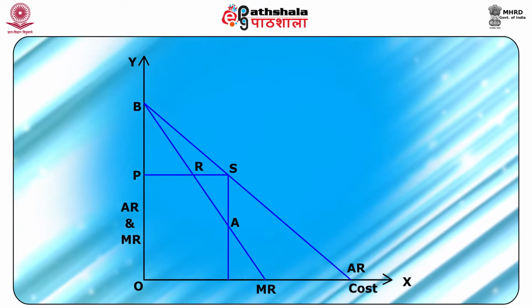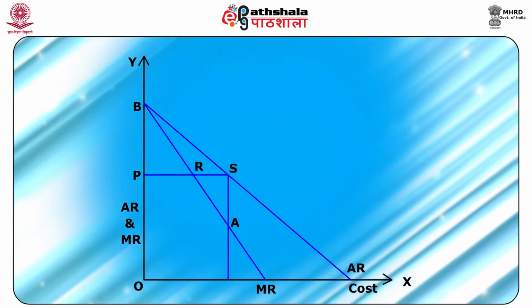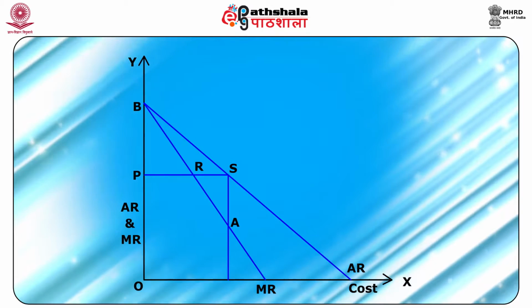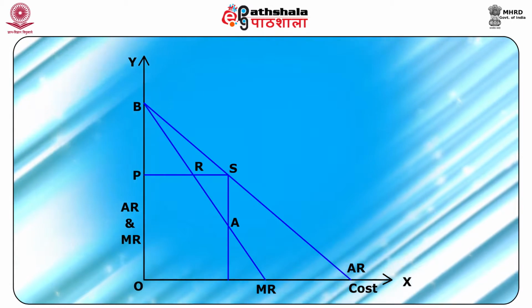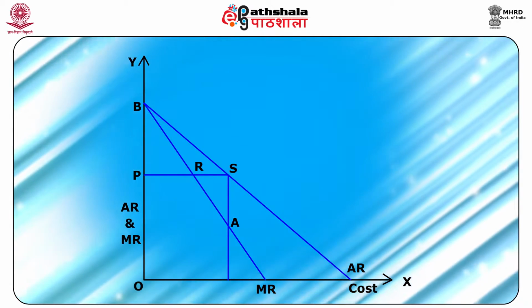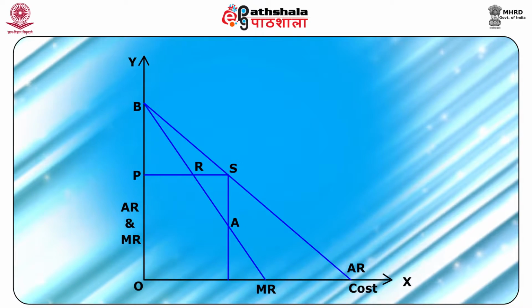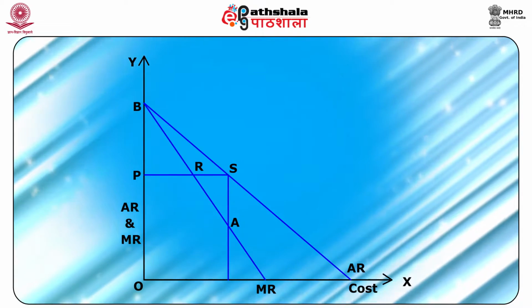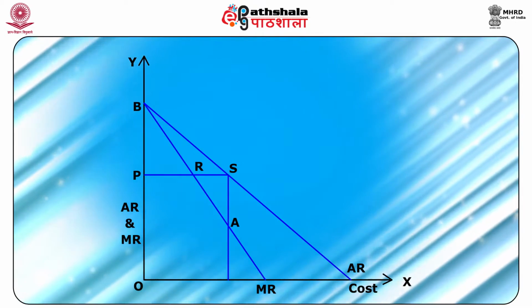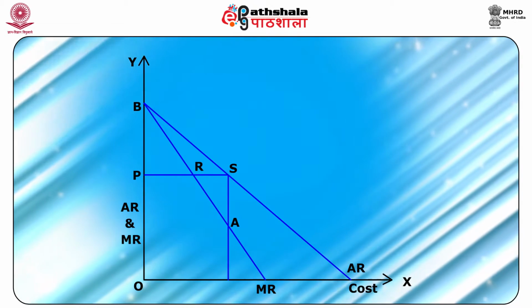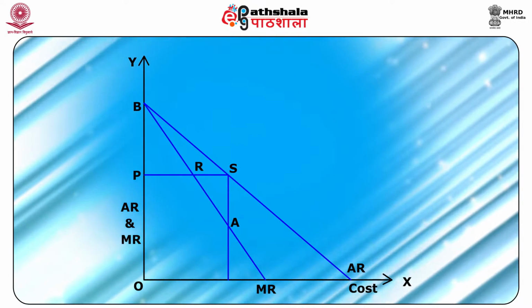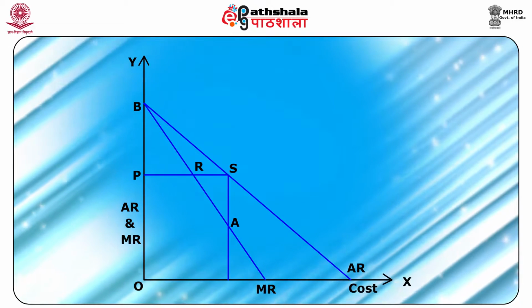The above formula can be derived with the help of the following geometry. What you see is that on the y-axis we are measuring price, that is AR and MR, and on the x-axis we are measuring the quantity, that is output.